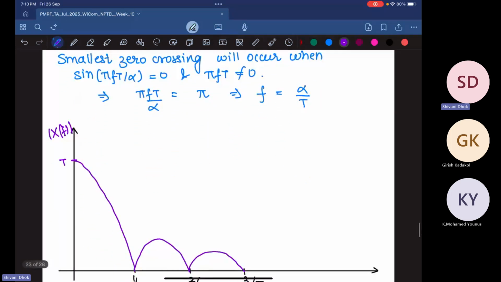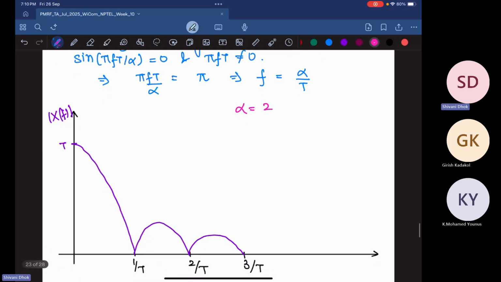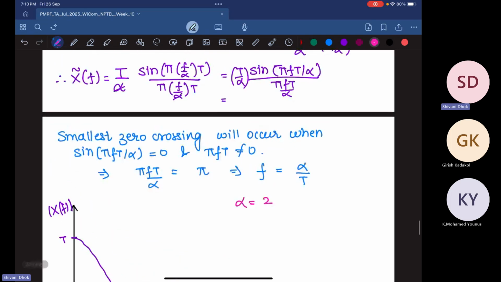Now I'll first take alpha equal to 2. So if alpha is equal to 2, the zero crossing will first occur at 2 by T, then we'll have 4 by T here, and the magnitude will be T by alpha.